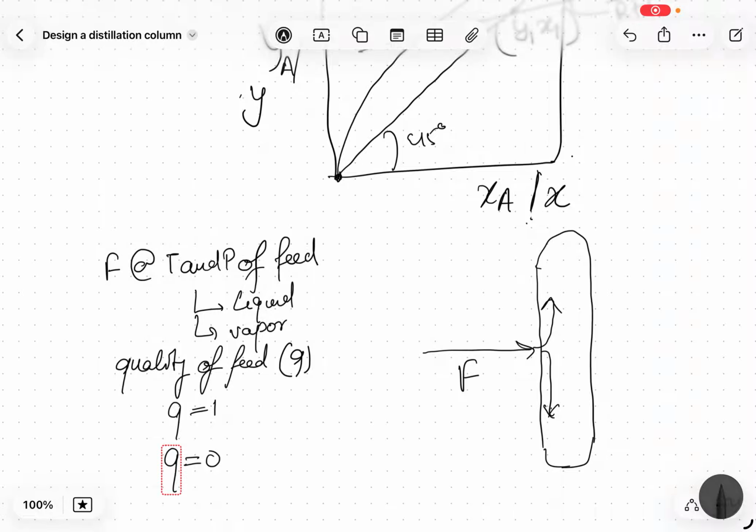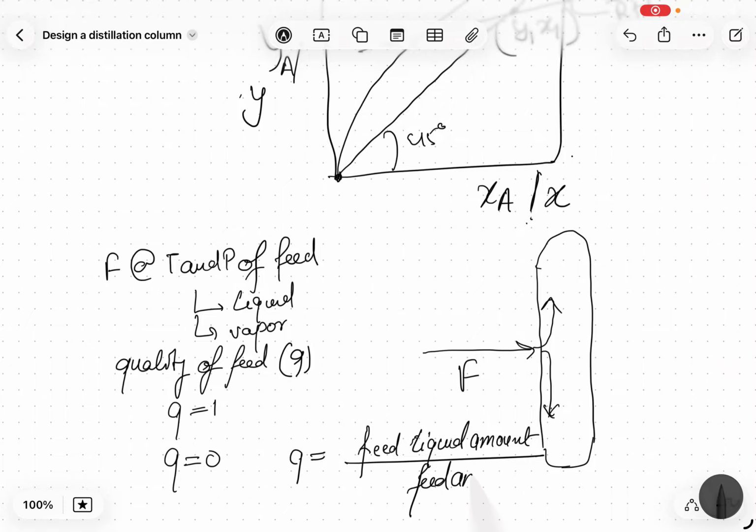Feed will generally be a mixture of liquid and vapor, so Q represents the fraction of feed that is liquid. So it is the feed liquid amount divided by the total feed amount.